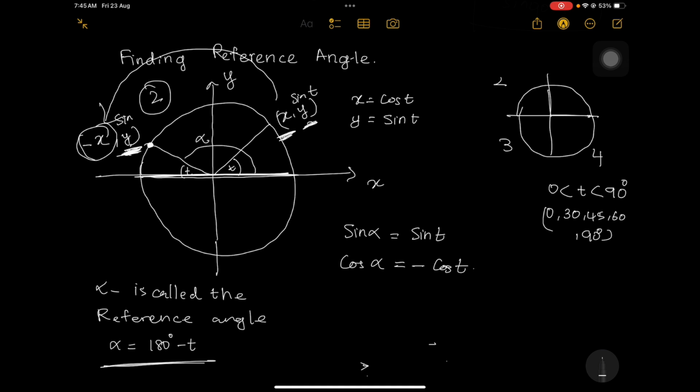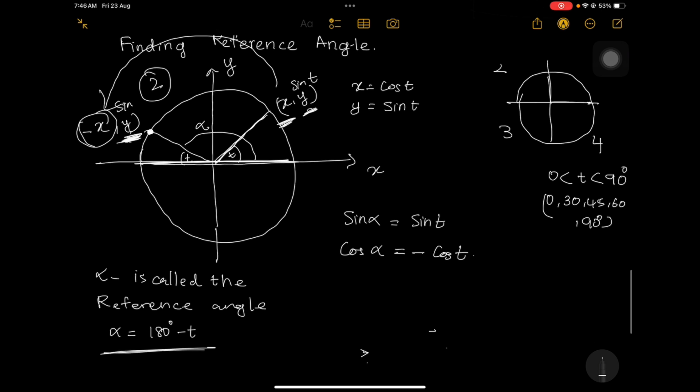If we reference angle in the second quadrant, what is a reference angle? If you take any angle greater than 90 degrees, which is in the second quadrant of the circle, we can relate its value with the acute angle in the first quadrant of the circle.